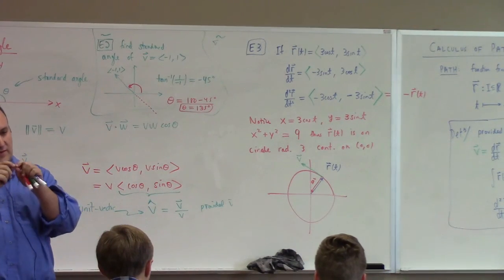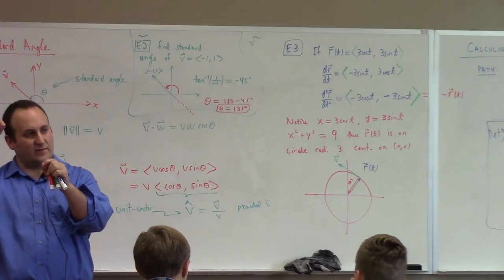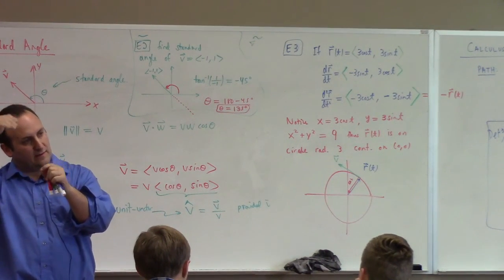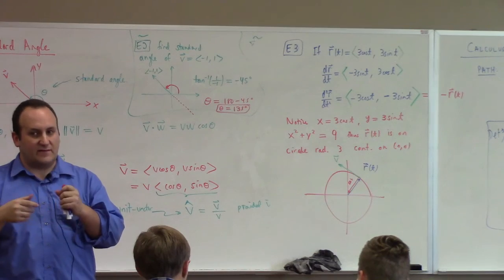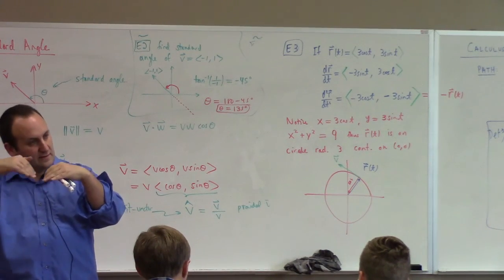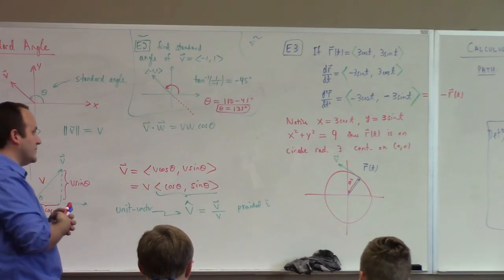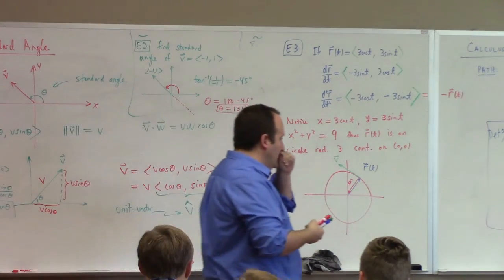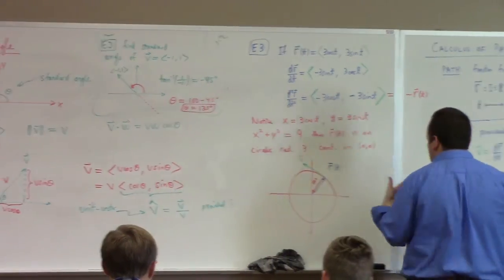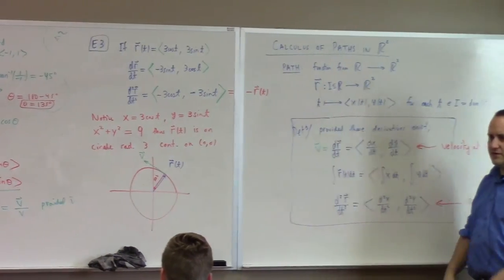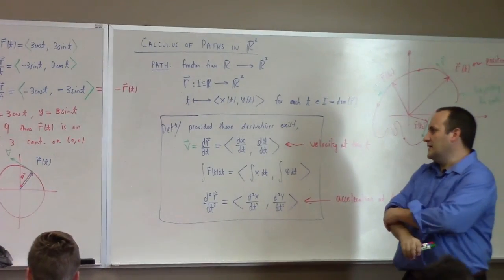Position vector from the origin out to where you are, velocity vector points in the direction you're going, and it just so happens the acceleration vector is always pointing towards the center. That's a feature of circular motion. The full story of the acceleration vector I don't think we really give you until Calculus 3, and that's fine.